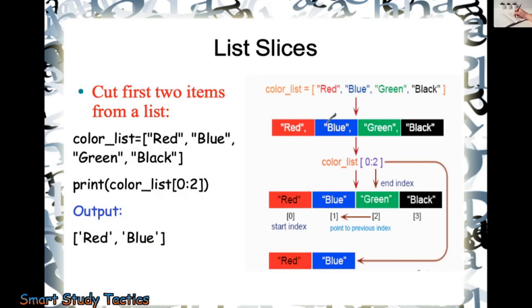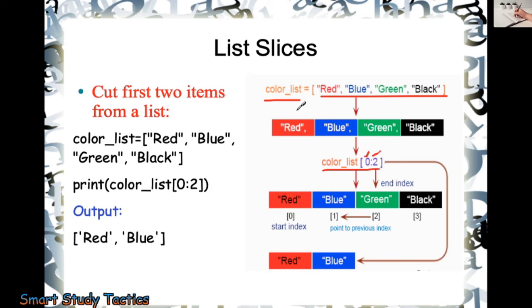If you are facing any problem, you can pause the video or rewind the video, you have the option. So, list slices. How will you do the list slices? Here the name of the list is color list. It is taking 0 to 2.